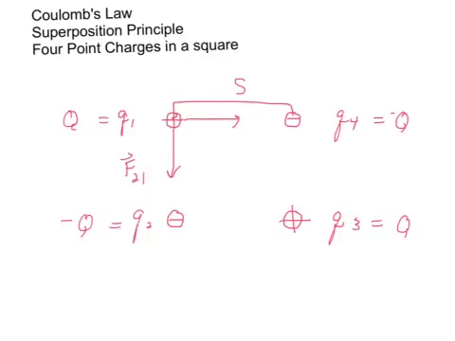This one here is F4 on 1, a little crowded. And then the third force from Q3 on Q1 is a repulsive force. So if this were drawn correctly, it would be a square. The force would be along the diagonal of the square.